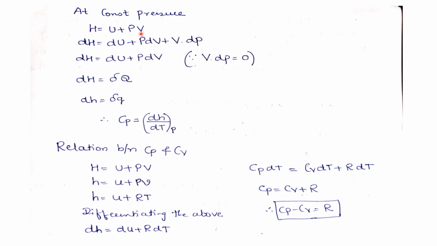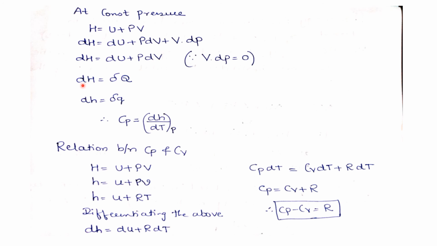As it is a constant pressure process, the change in pressure will be 0, so this term becomes 0 because of the constant pressure. Now my final expression becomes dH is equal to dU plus P into dV. I can replace this dU plus P into dV by delta Q, because as per the first law of thermodynamics, delta Q is equal to dU plus P into dV. Therefore dH is equal to delta Q.